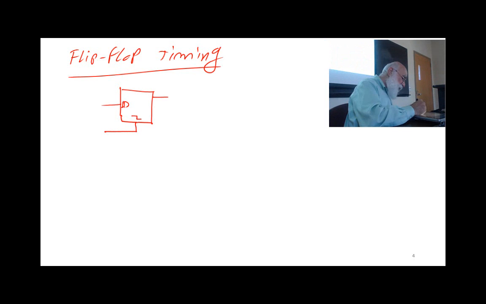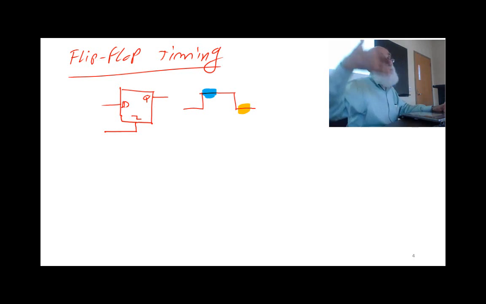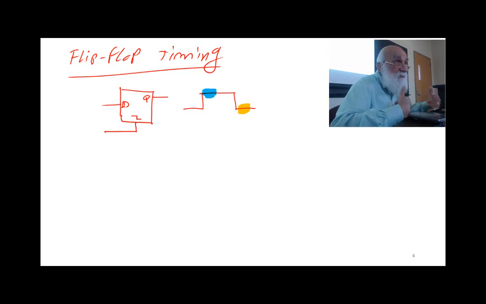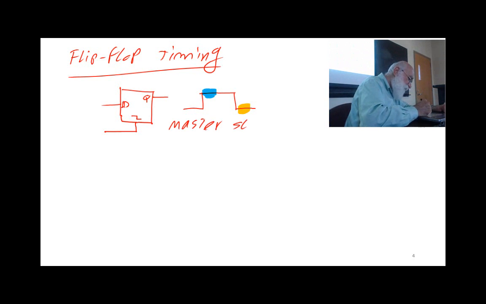The way the structure is, when the clock becomes 1 and then the clock becomes 0, you have the required time for the clock to become 1 to propagate halfway, and then you have the required time for the clock to become 0 to go the other half and then appear on the output. This is the timing for the master slave flip-flops.